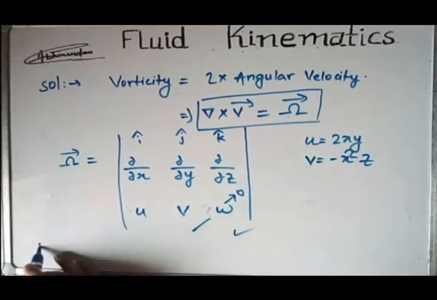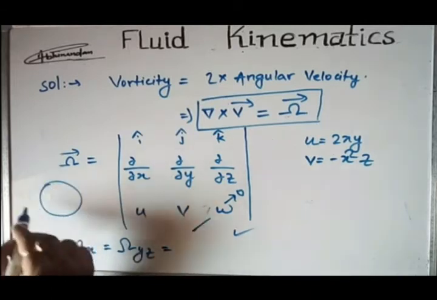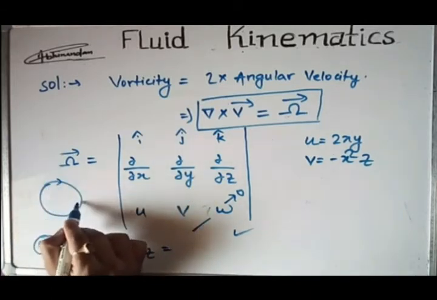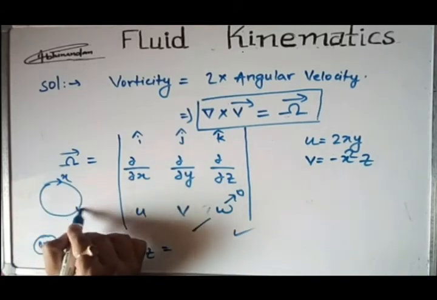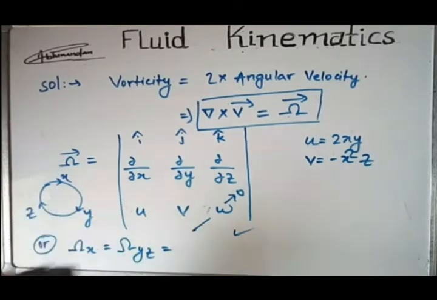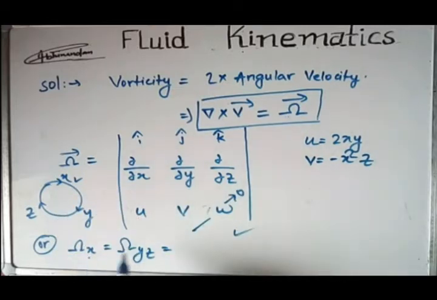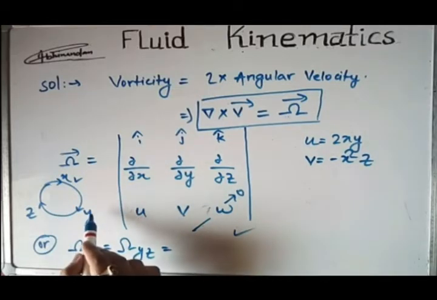Or instead of doing this, we have a technique to write it directly. Suppose we have to calculate omega x, which is omega yz. We have to write x, y and z on the periphery of a circle in a clockwise fashion.